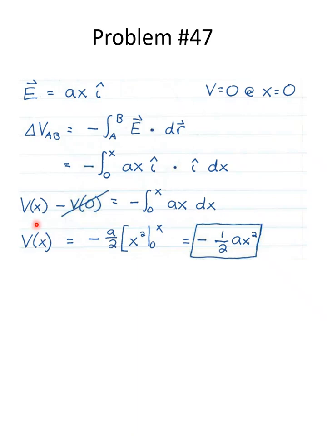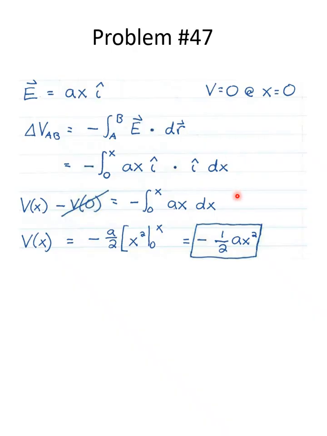The left side of the equation, recognizing that we're looking at a potential difference between those limits of integration, 0 and x, is V(x) minus V(0). And it was defined in the problem that V of 0 is 0, so let's just get rid of that. On the right-hand side, that dot product becomes A X times dx times the cosine of the angle between those two vectors, but they're both in the same direction, so that's a cosine of 0 degrees, which equals 1.